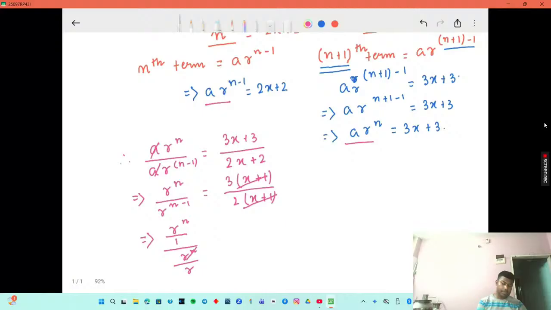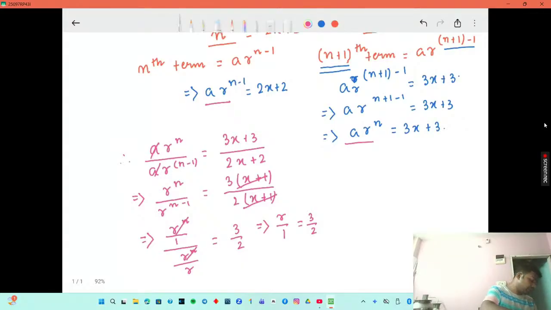So r to the power n cancels, and r by 1 is equal to 3 by 2. So here we can see that the common ratio is 3 by 2. Is it clear to you? What is the common ratio? Here the common ratio is 3 by 2.